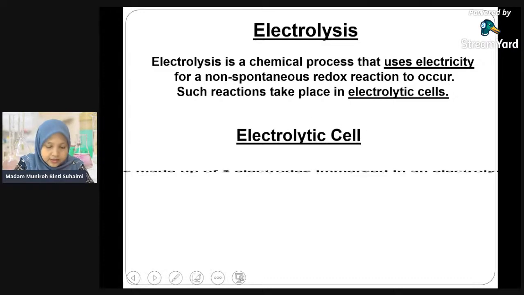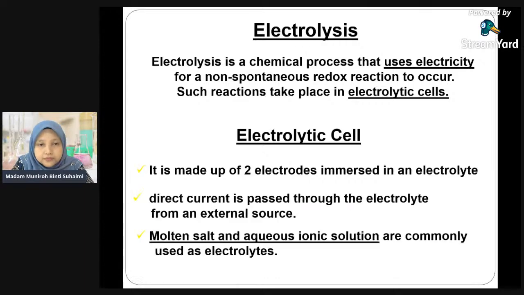An electrolytic cell is made up of two electrodes immersed in an electrolyte. Direct current is passed through the electrolyte from an external source, and molten salt and aqueous ionic solution are commonly used as electrolyte.